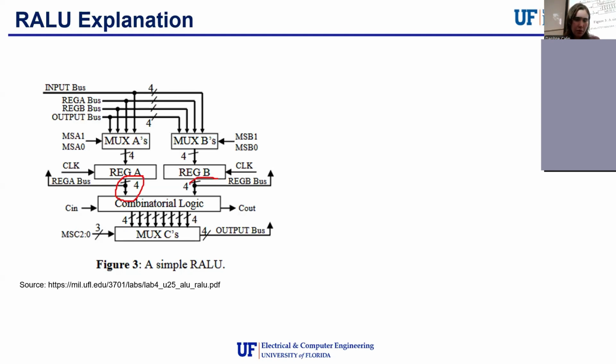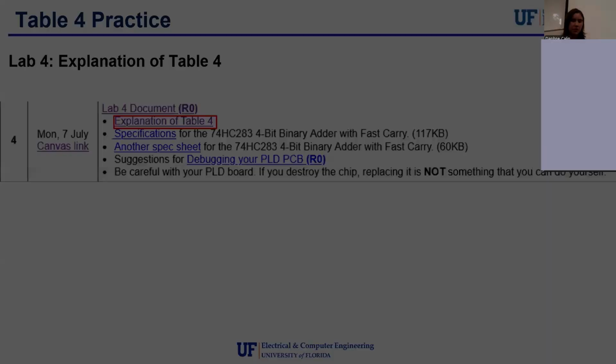You should have internal labels for these signals, and you should expand buses where it's relevant to expand them. That's kind of up to you. But just to make it clear what the expectations are, it should be fairly similar to this block diagram.